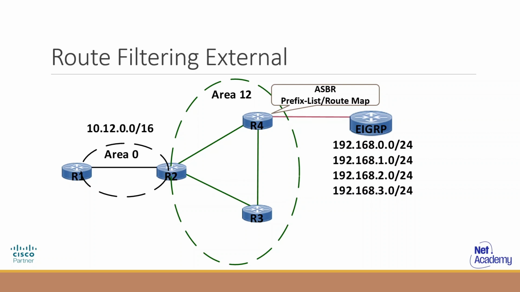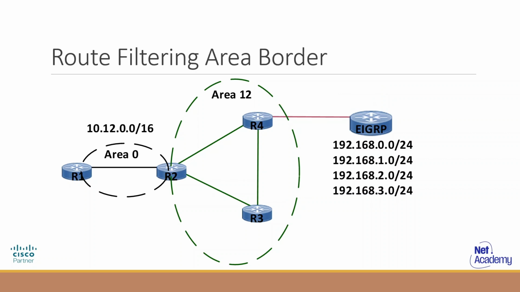We're going to go through external routes in general and redistribution best practices in the next session. So we do that and we set all this up, and we can just deny or permit as we see fit. We filter right there at the ASBR. That makes sense. That controls the number of LSA type 5s that are introduced, right?